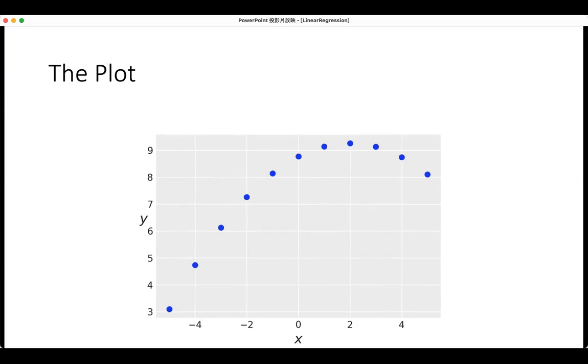If you use a very simple model such as simple linear regression, you can never create a line that captures the trend of these points, right? But with polynomial regression, we are able to do that.